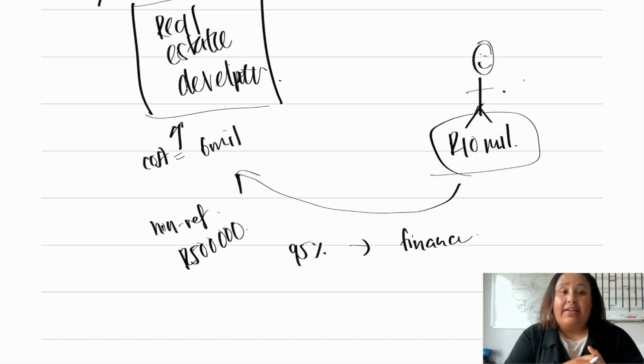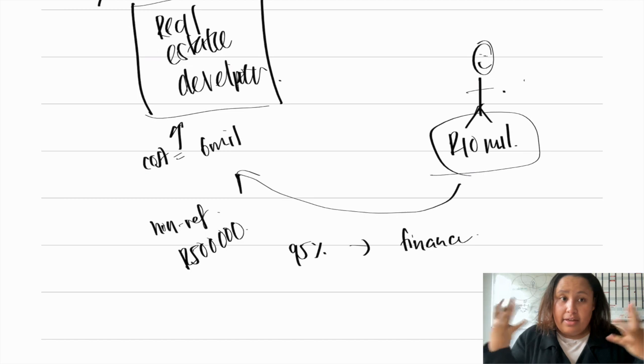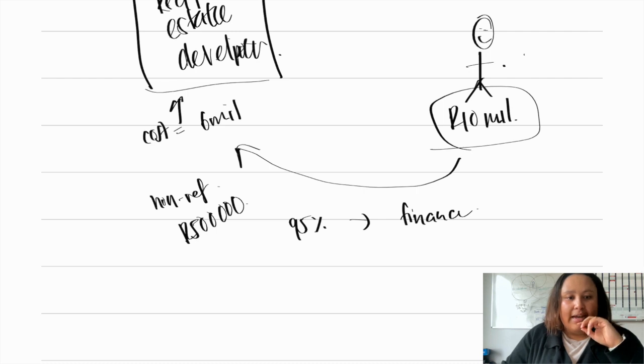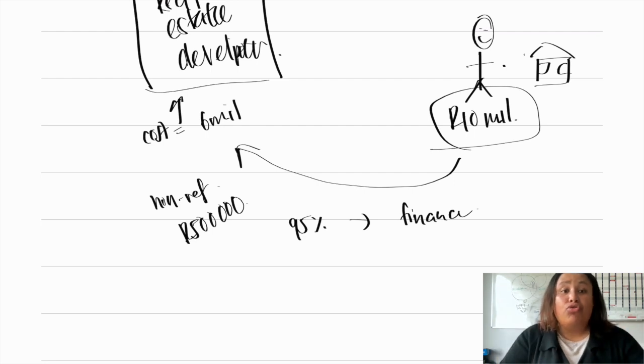The real estate developer essentially bears the loss. Another important fact is that at the inception of this contract, the customer obtains control of the building. The customer has control of the building from inception.